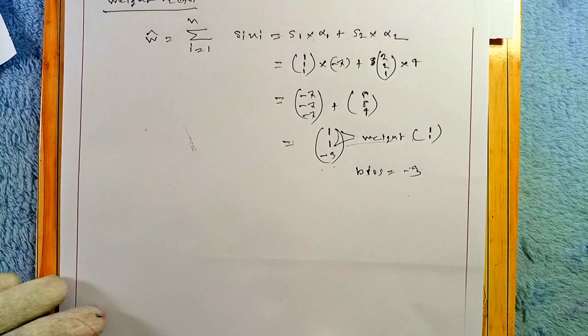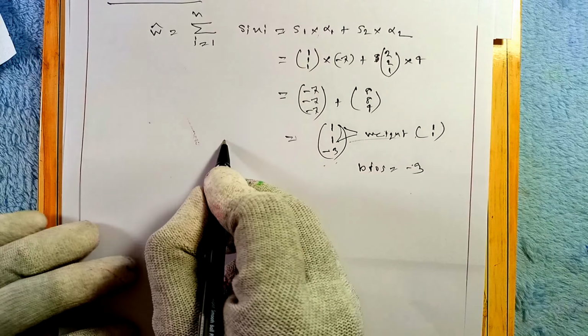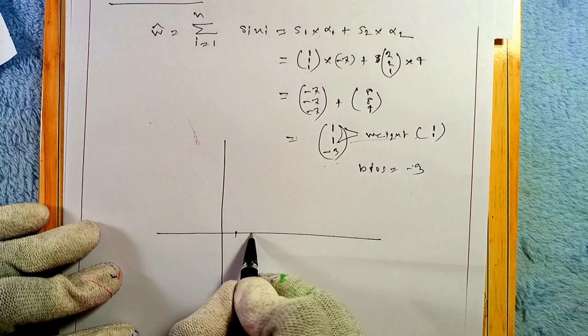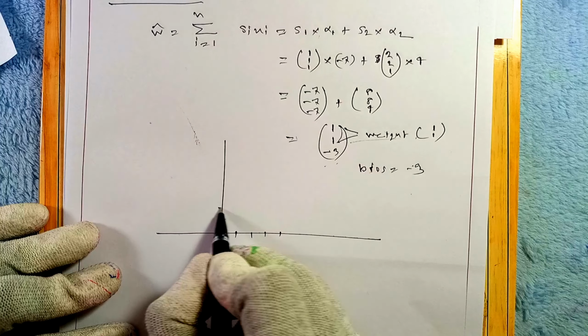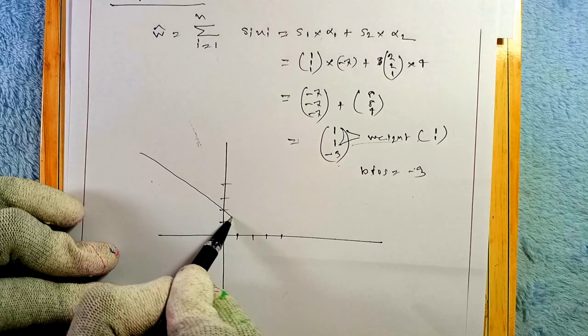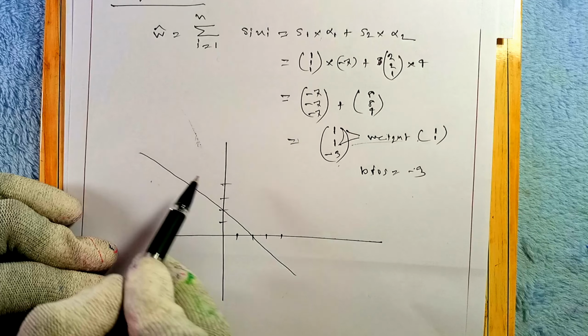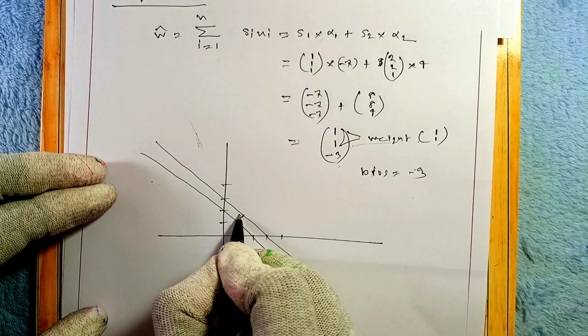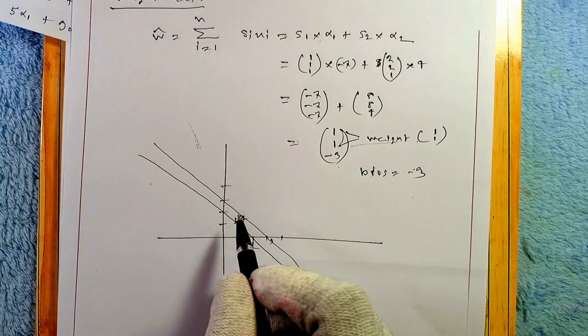Now we have to find the maximum margin. Our hyperplane was this, so now we got the bias, so our bias will be there. So we got our final maximum margin.